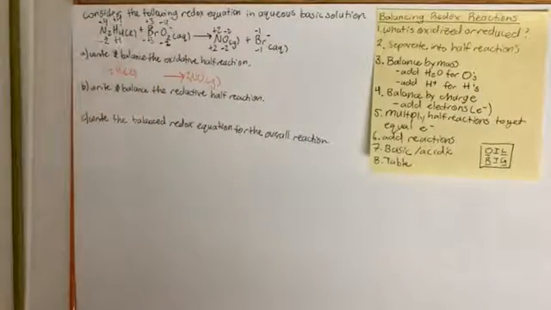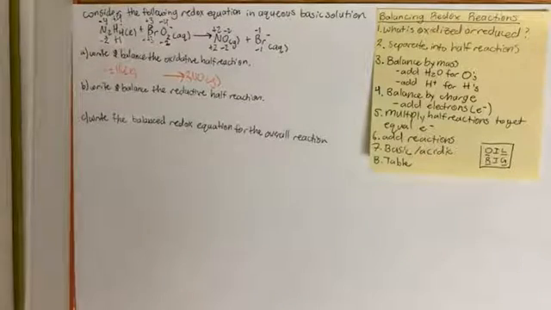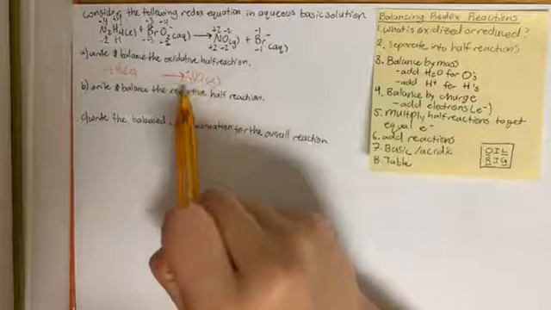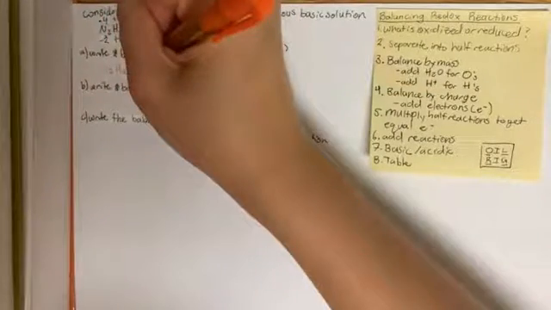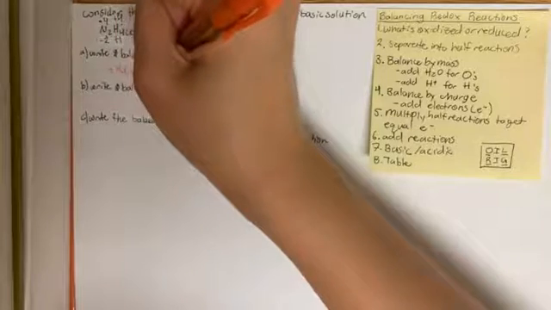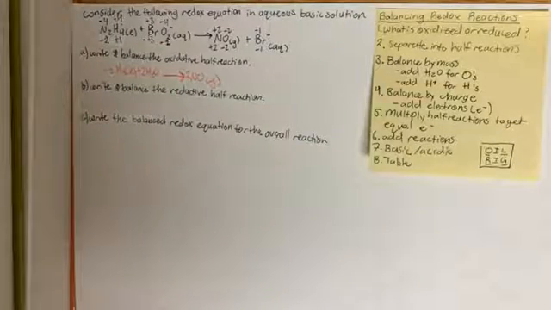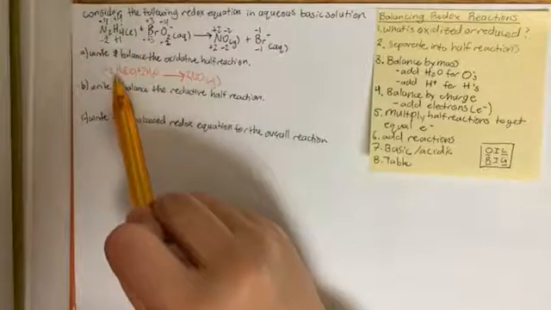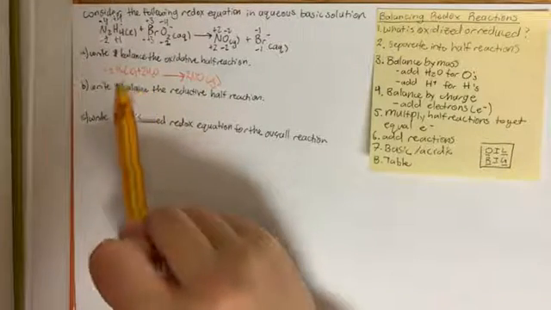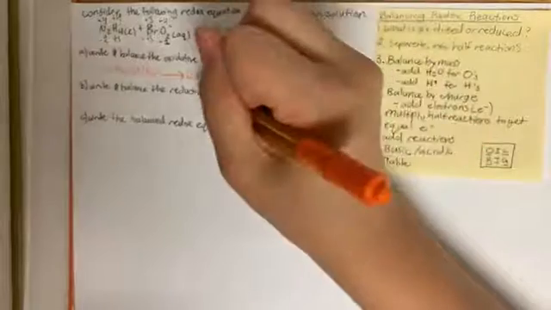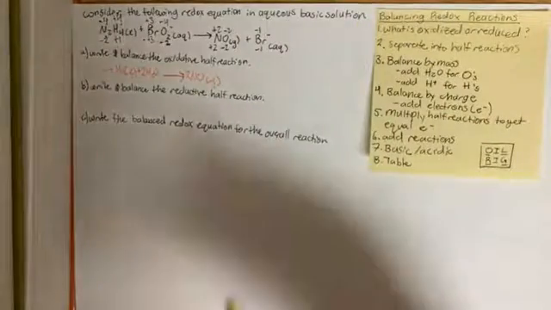Next, we're going to be balancing by mass. We'll start with oxygen. We have 2 oxygen atoms in the product, so we need to add 2 waters in the reactants. Next, we will balance the hydrogens. In the reactants, we have 4 here and then 4 here, so we have a total of 8 hydrogens in the reactants and 0 hydrogens in the products.